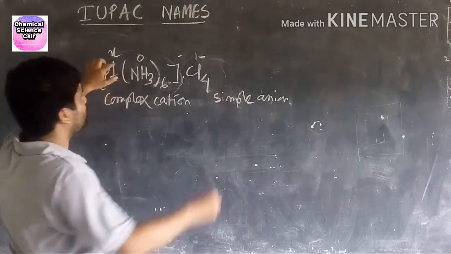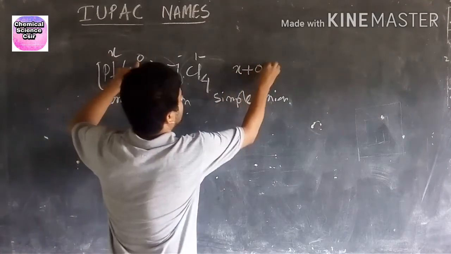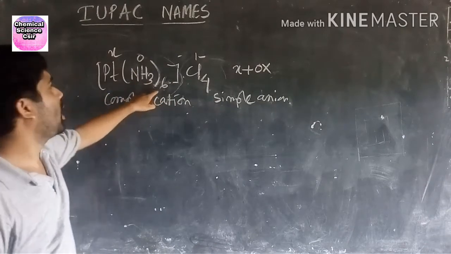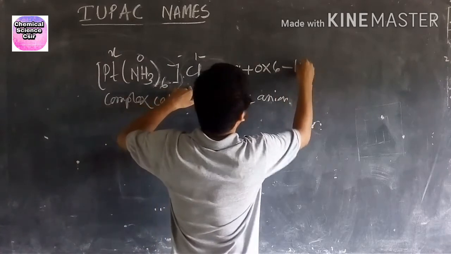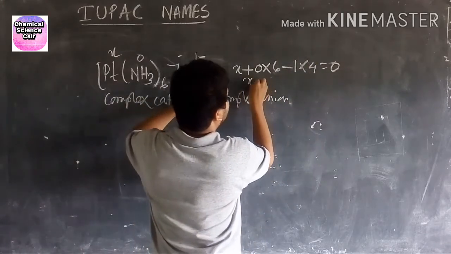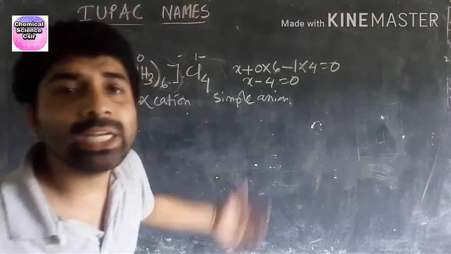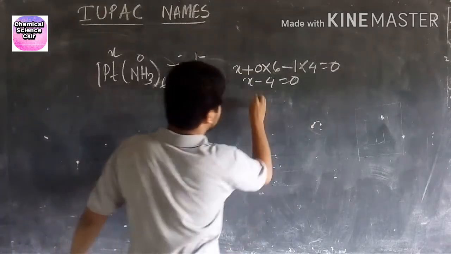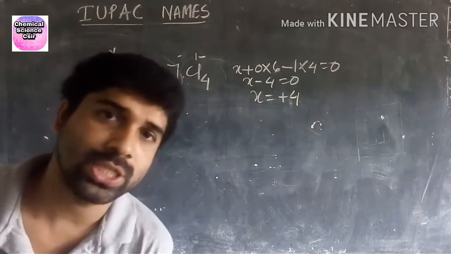So X plus 0 into 6, the number of ammine ligands, minus 1 into 4, equals 0. Then X minus 4 equals 0, so X equals +4. This is the oxidation number.